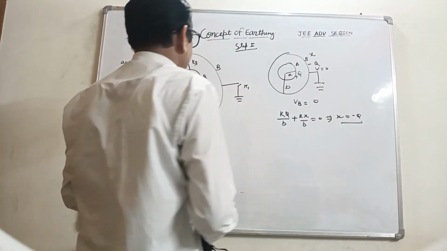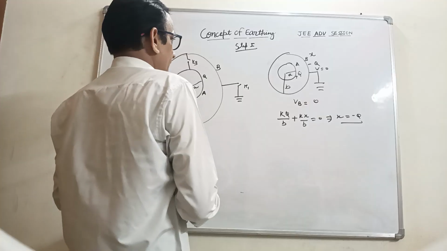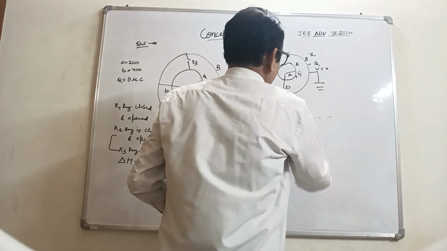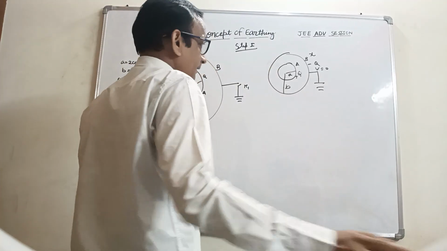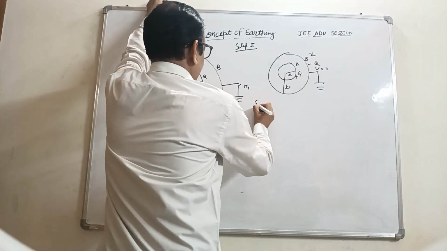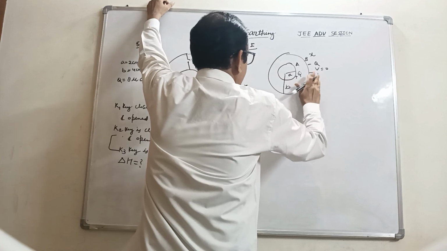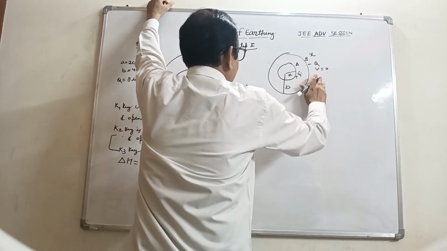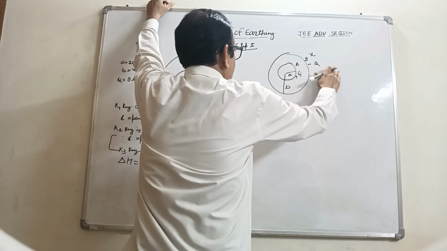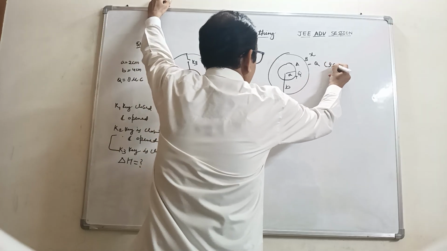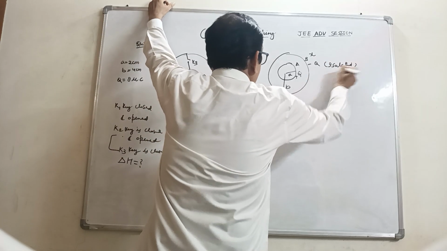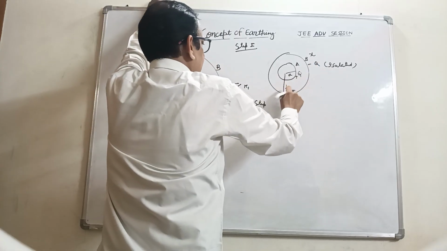The second scenario is the second step, and this is open. When this key is open, this charge would be isolated, with no effect of this charge on earthing.